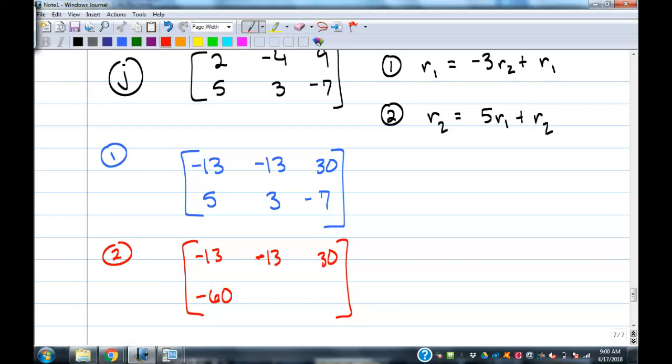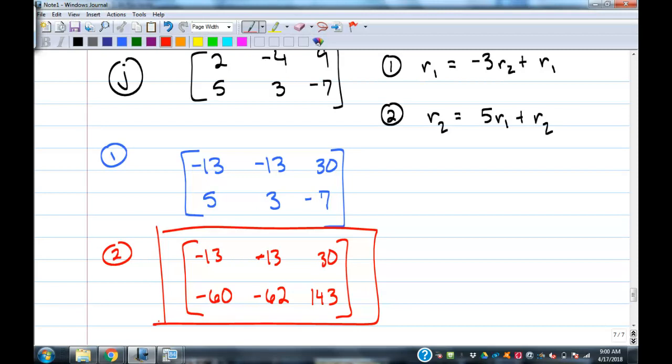We already know that's negative 65 plus 3, negative 62. 5 times 30, 150, plus negative 7, 143, right? That is the end result.